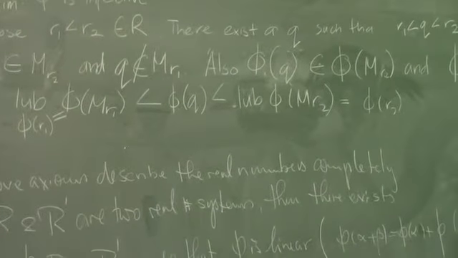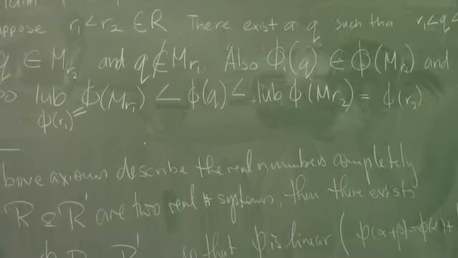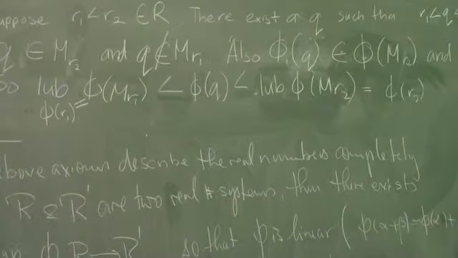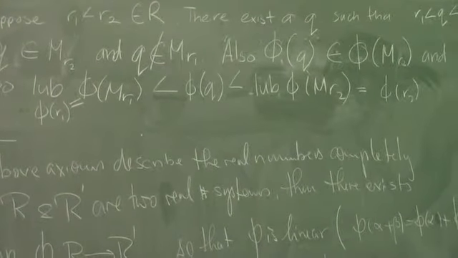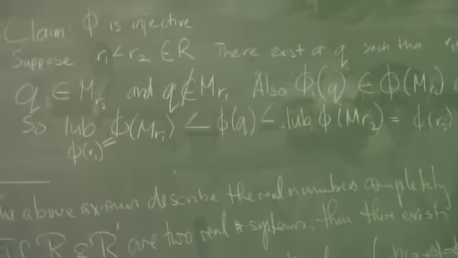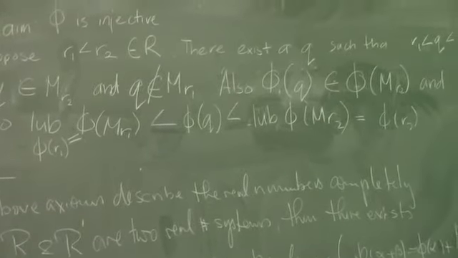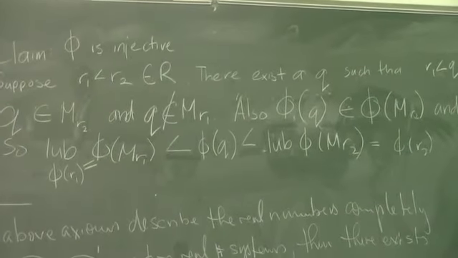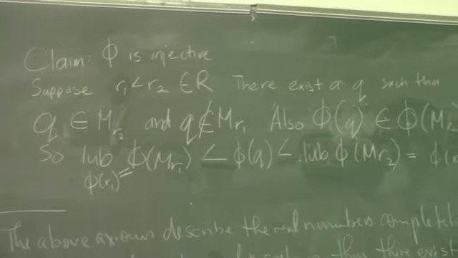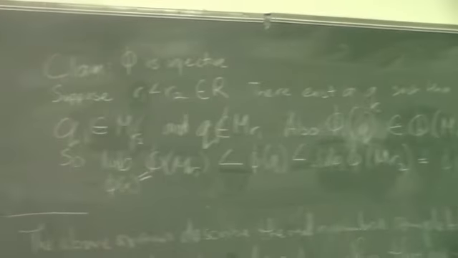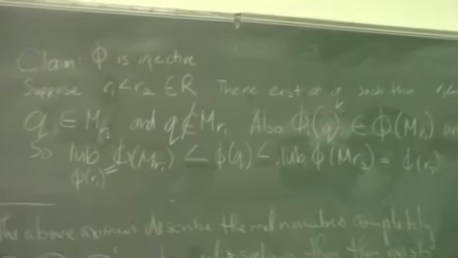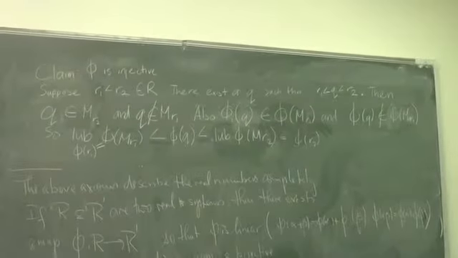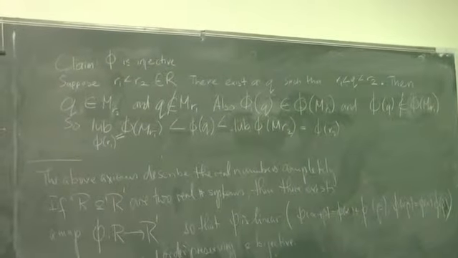So phi of r1 is less than phi of r2, so they are not the same. R1 was not equal to r2, and we concluded that phi of r1 is not phi of r2. They map to two different images, so it's injective. So it's not horrible.